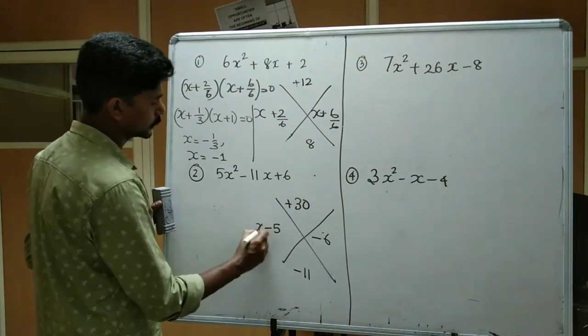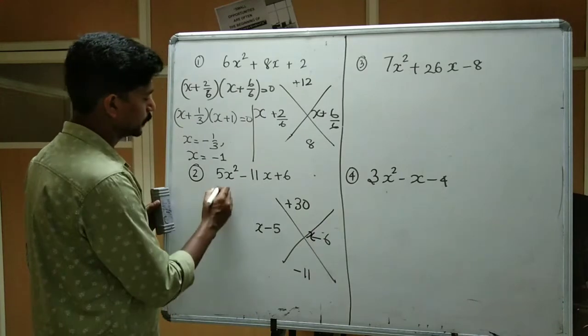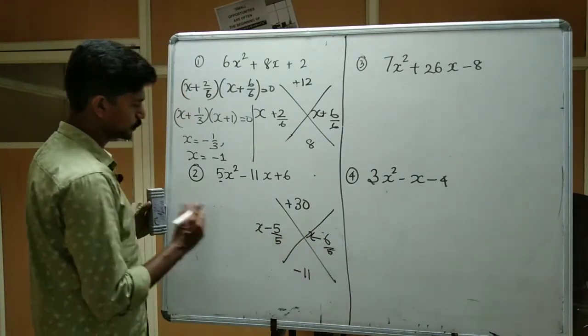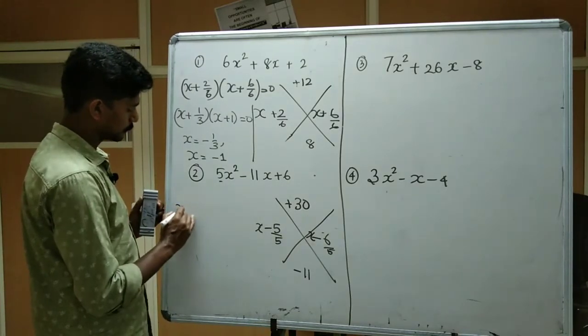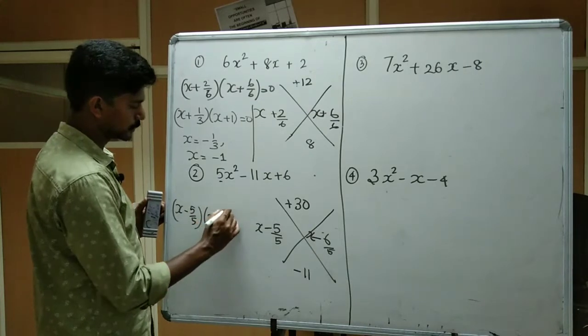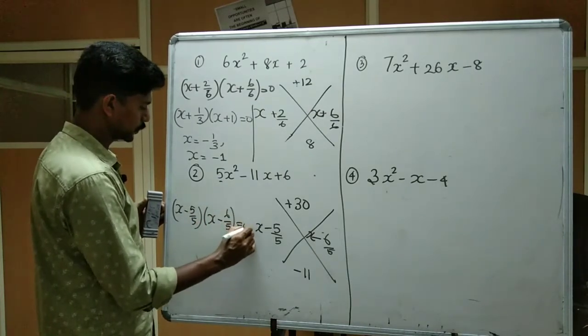We write x here and x here, and we divide by the coefficient 5. So finally we can write x minus 5 by 5 into x minus 6 by 5 equal to 0.